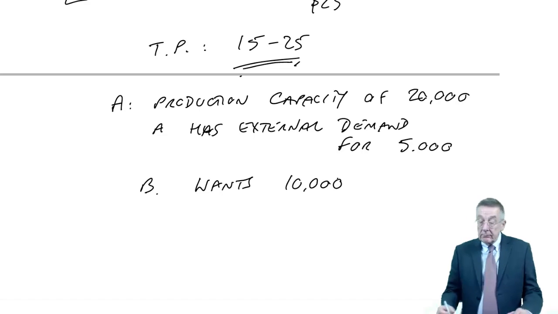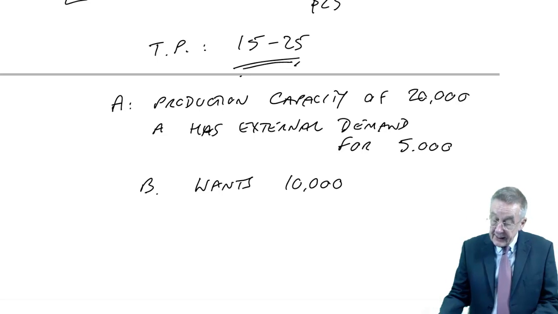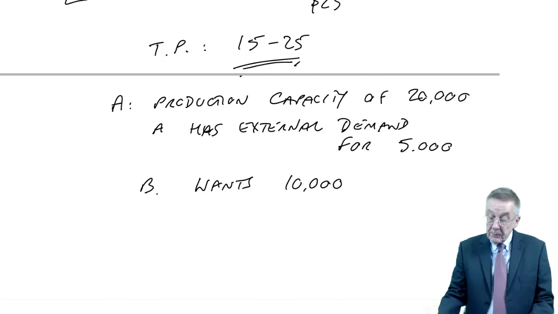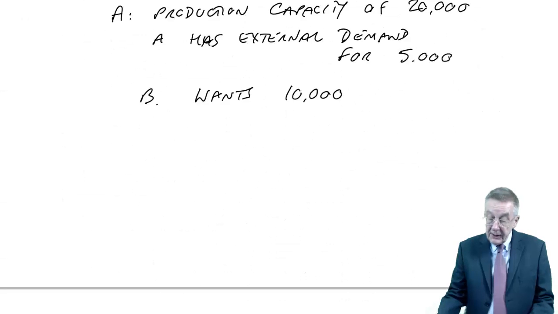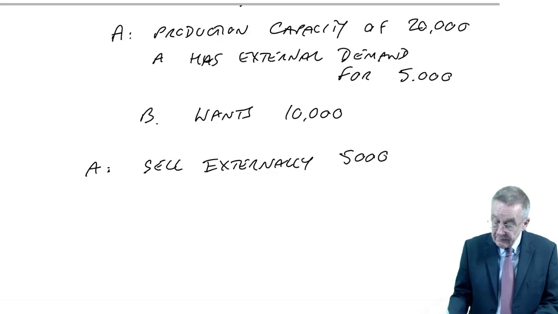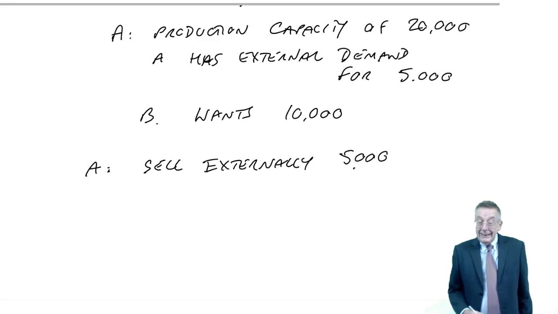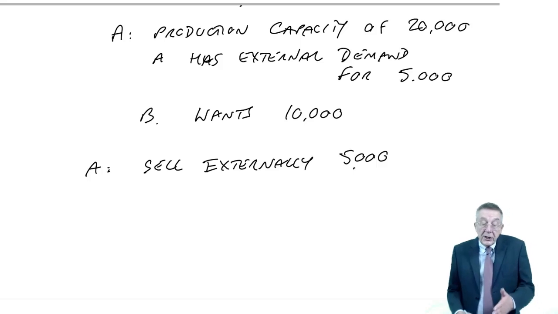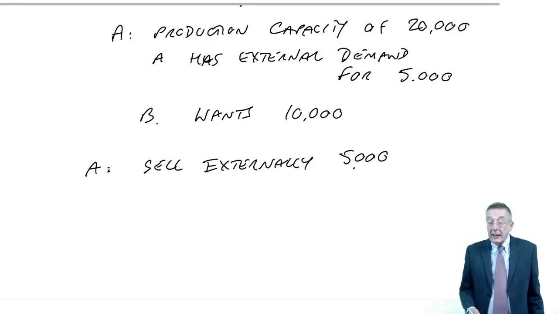Well, what's going to happen? There's external demand for 5,000, and that's profitable. They make $5 a unit. So A will sell externally 5,000 units.